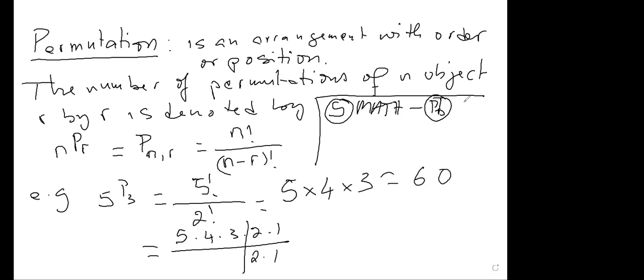So the one we are using now is nPr. You press 2 and then 3. So you can use the calculator too. Okay, do you have the number 60? Good.